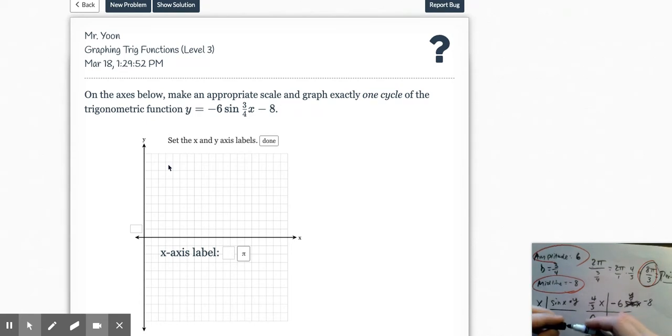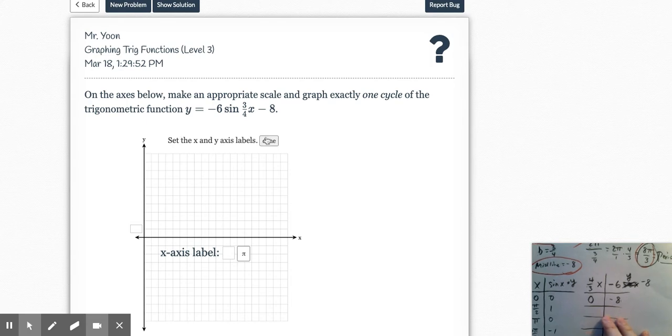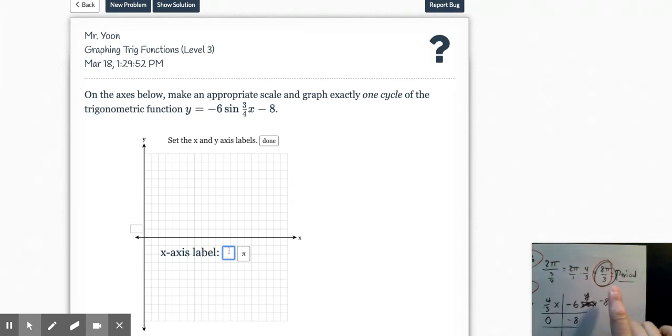But in the DeltaMath world, where it's a little bit more rigid, what you're going to want to do is this. First, look over here, set the X and Y labels, and the X label is going to be your period, 8 pi over 3. You have to set both X and Y labels.